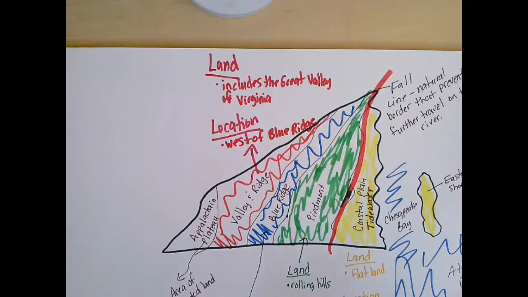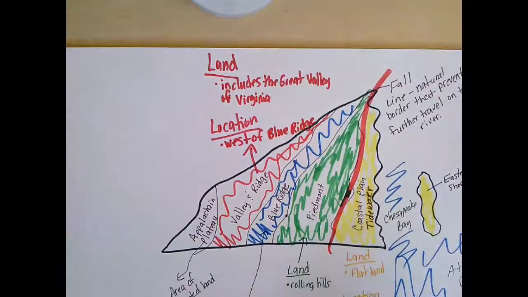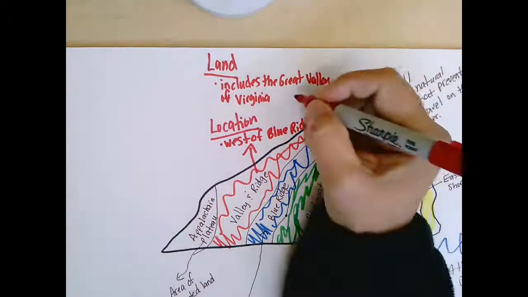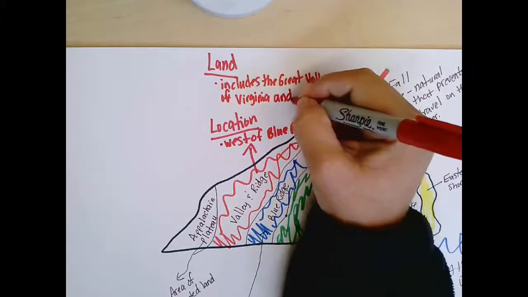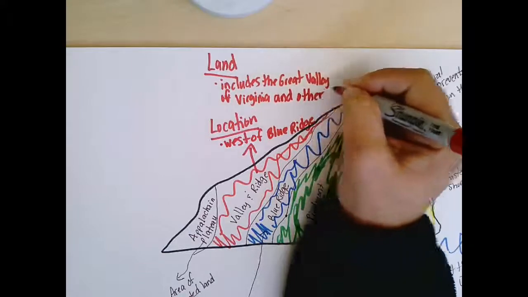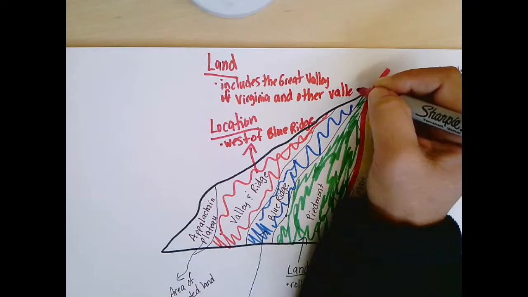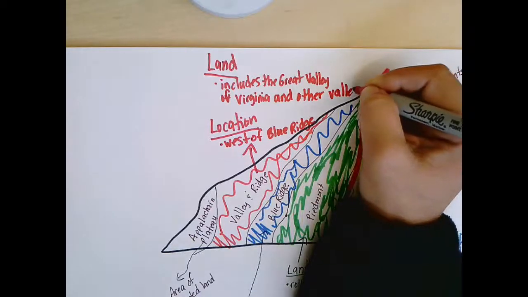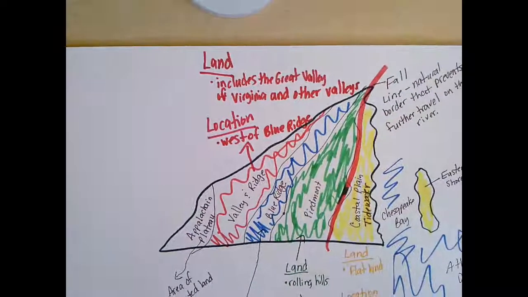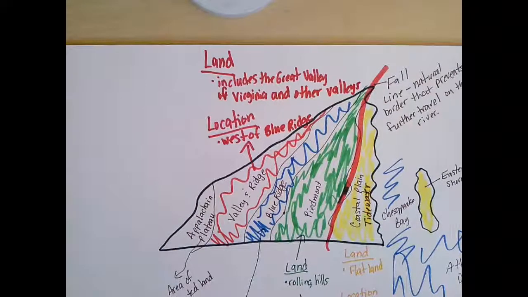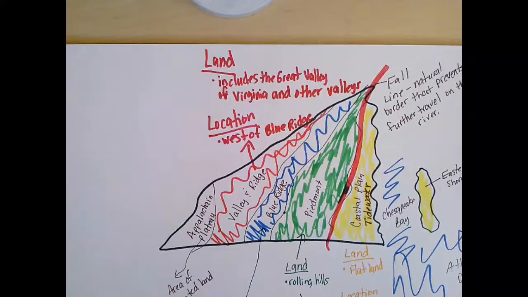Okay? So again, it includes the Great Valley of Virginia and other valleys. And it is west of the Blue Ridge Mountains. Now, I colored this red because the Valley and Ridge region is known for its beautiful red apples.